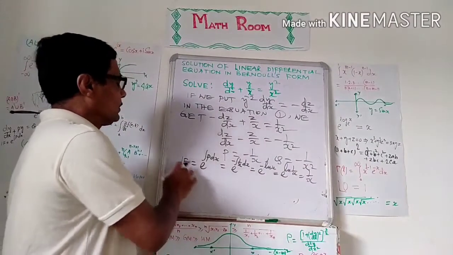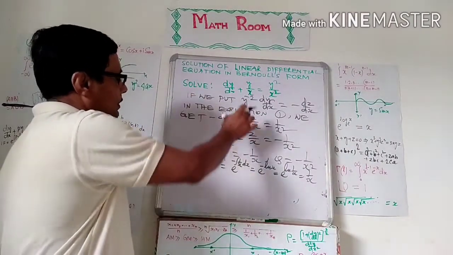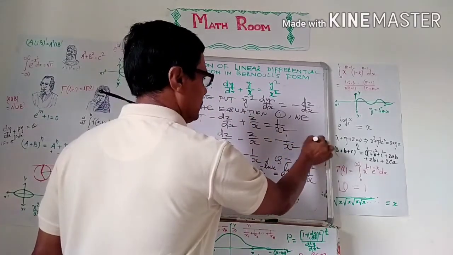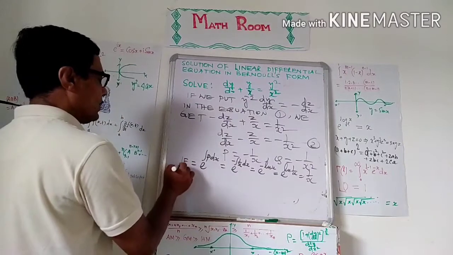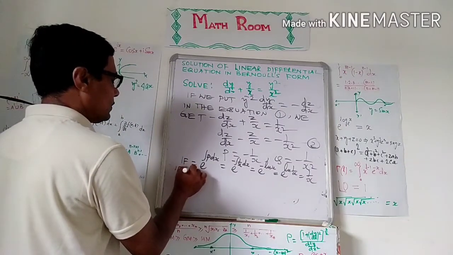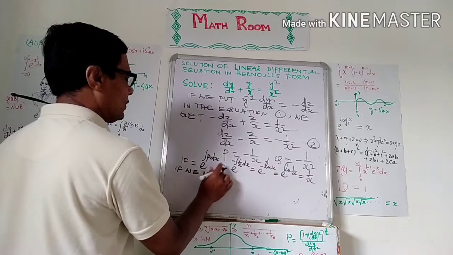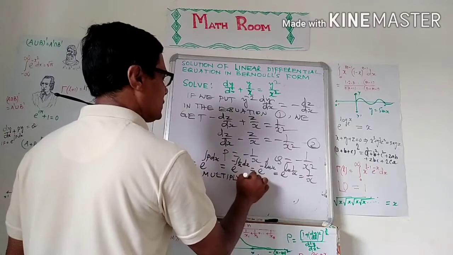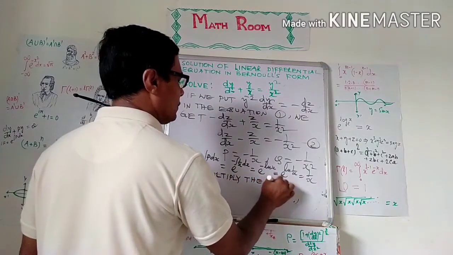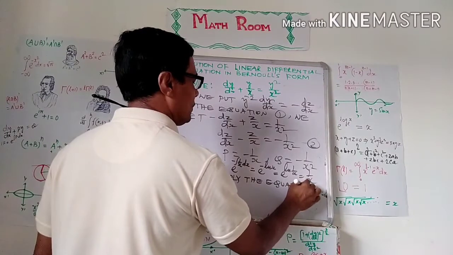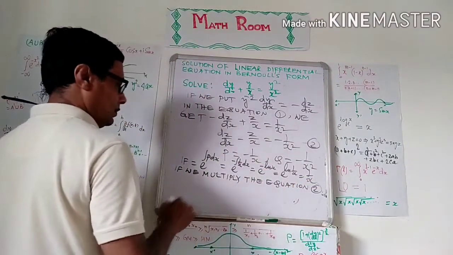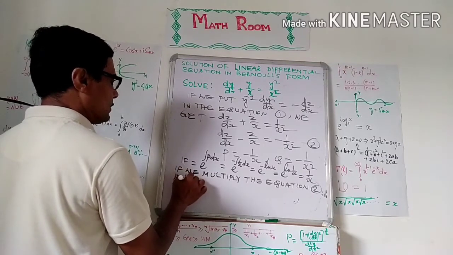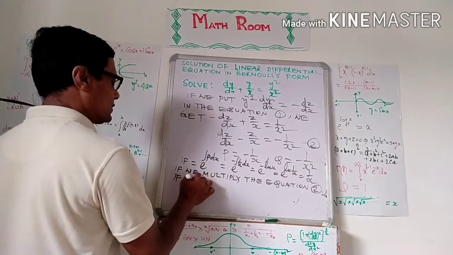So we can multiply equation 2 by the integrating factor, which is 1 by x.